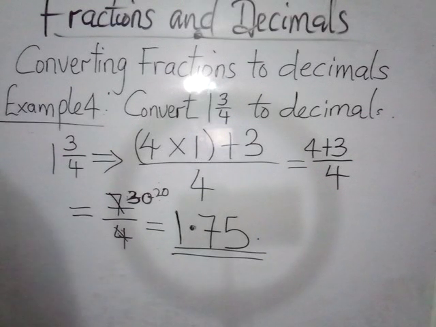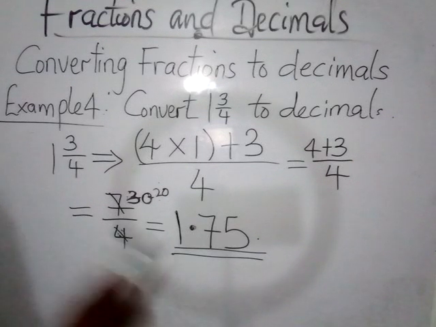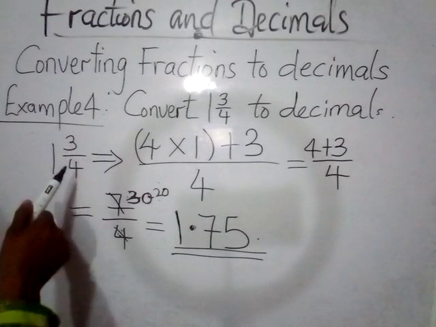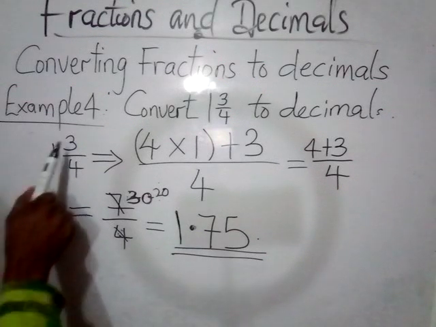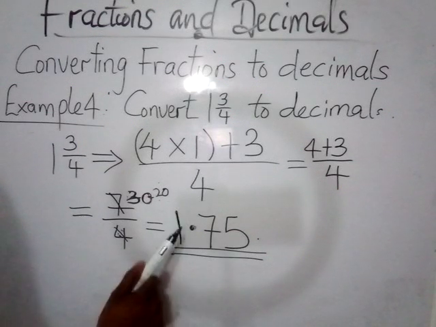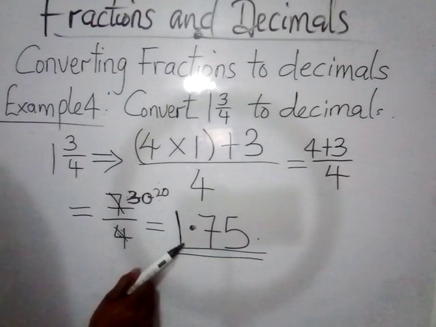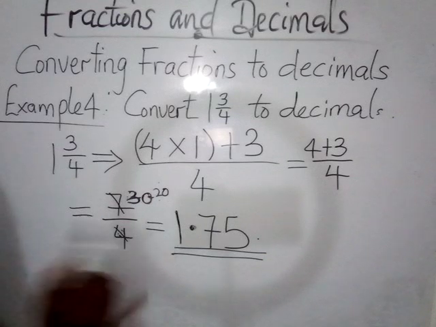Now just look at the two of them and see the similarity. You remember here it has a whole number, and this one also has a whole number. When we worked with 3 over 4, the answer we got was 0.75. That's exactly what we have here. But because we have a whole number already, that whole number is standing in the position of the 0.